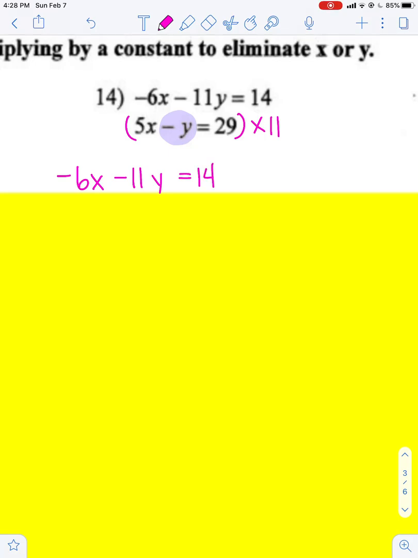But I'm going to take 5x times 11, which gives me 55x. And then I'm going to take negative y times 11, which gives me negative 11y. And then 29 times 11, which is 319.